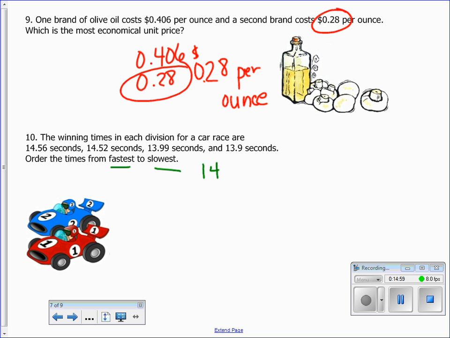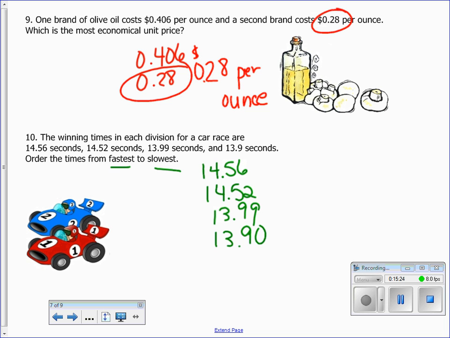So again, same strategy. Line them up. We're going from the fastest to the slowest. Now, in time, fastest would mean the least amount of seconds.